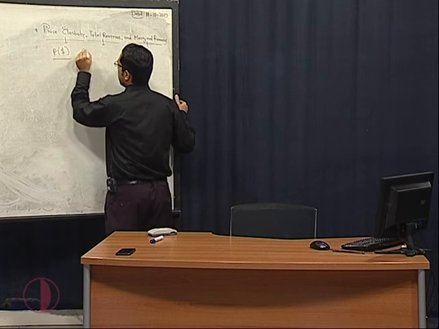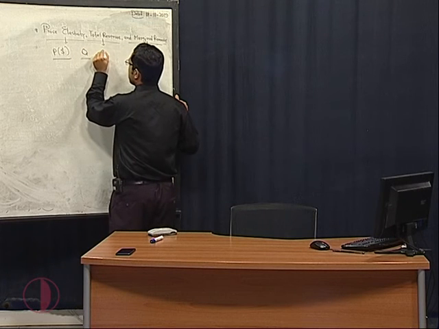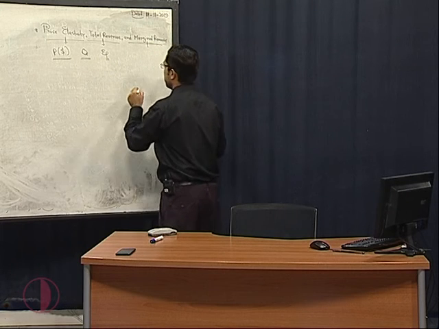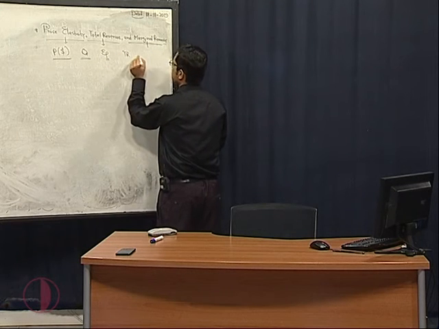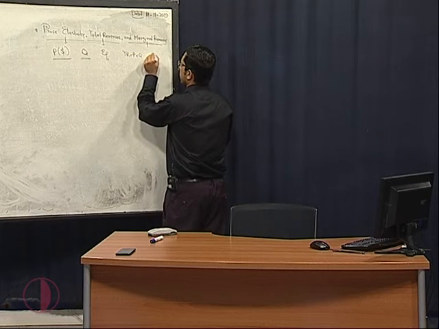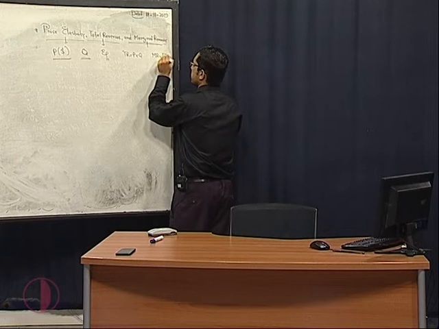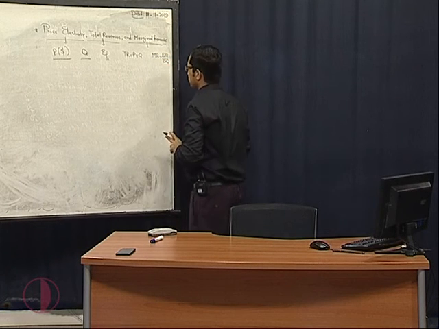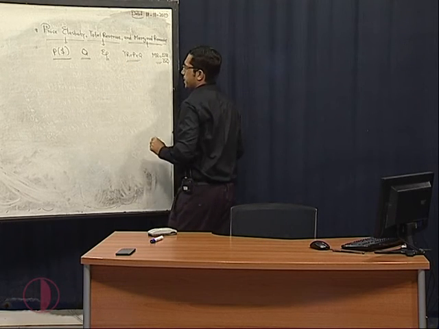Here we have quantity, price elasticity of demand. Here we have total revenue, which is equal to P multiplied by Q, and here we have marginal revenue, which is equal to the change in total revenue due to change in output. So, this is the table.